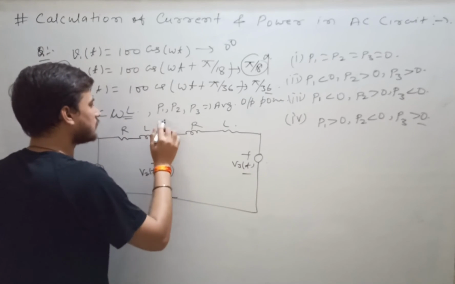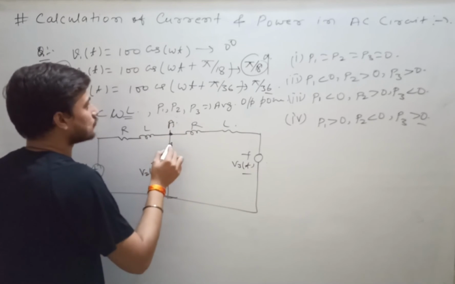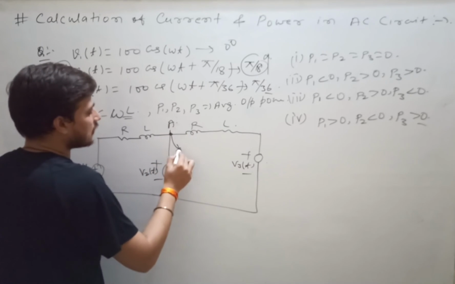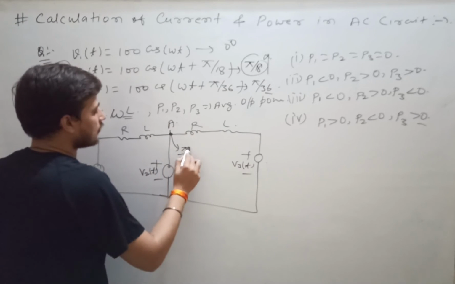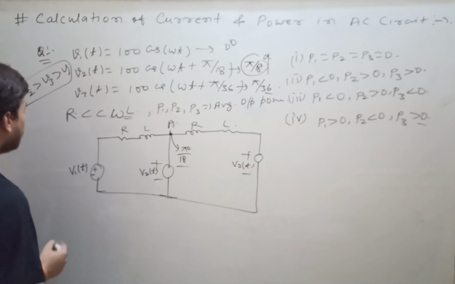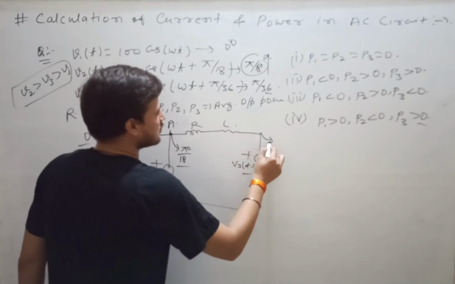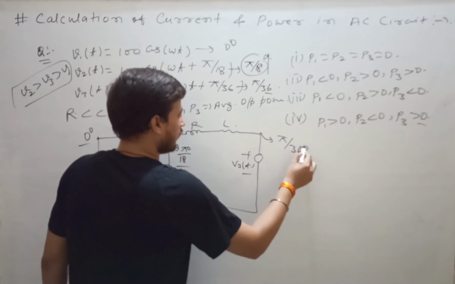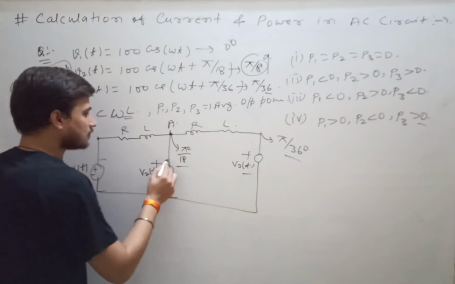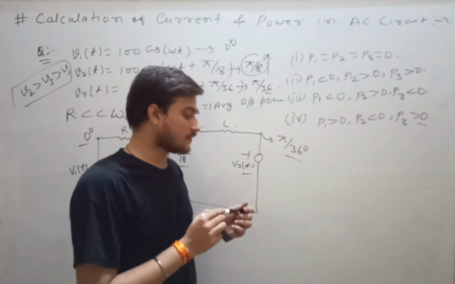Suppose this is point A. V2 is at the highest angle, π/18. Then V1 the angle is 0 degree, and V3 the angle is π/36, and the magnitudes of the voltages are equal.